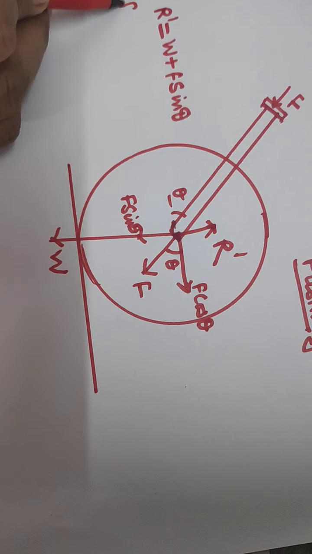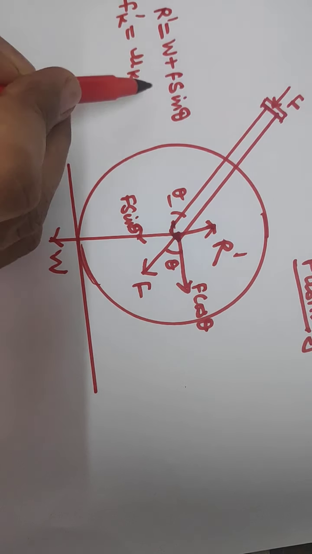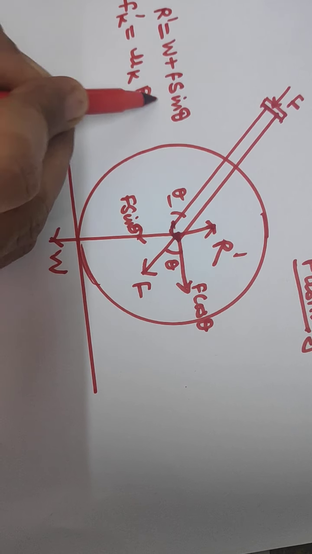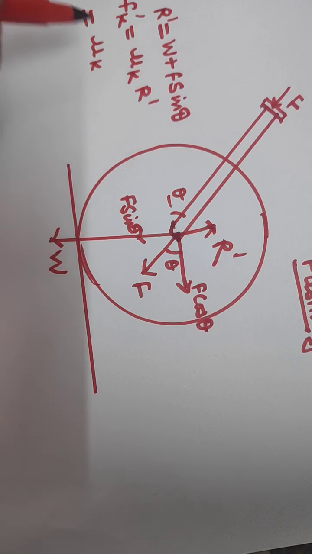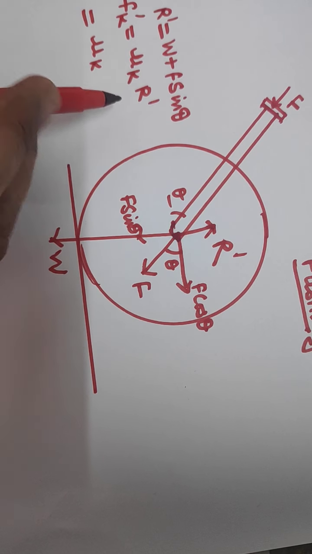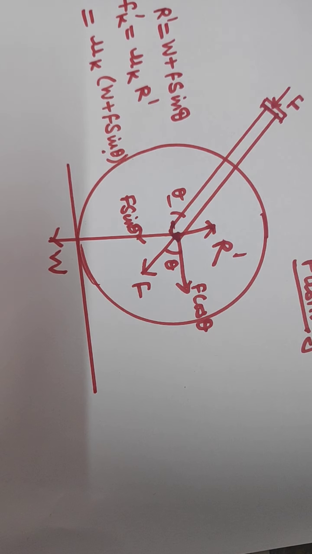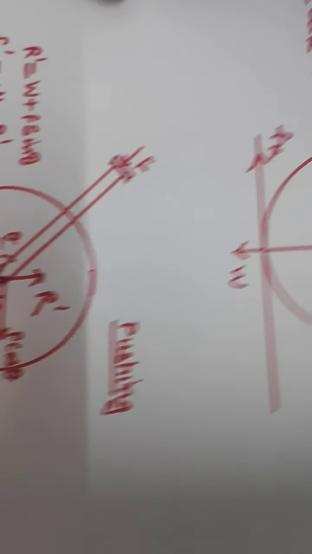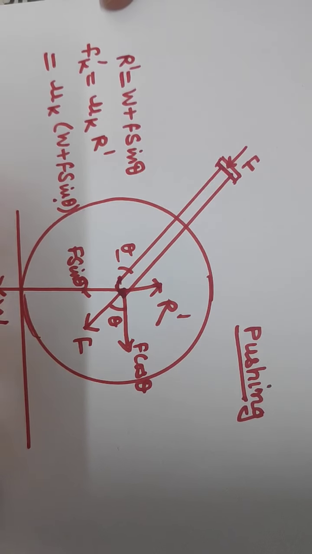Okay, and Fk dash here equal to mu k into R dash, so it will be mu k into W plus F sin theta. So simply we can say this is Fk equal to mu k into W minus F sin theta, and here Fk dash equal to mu k into W plus F sin theta.